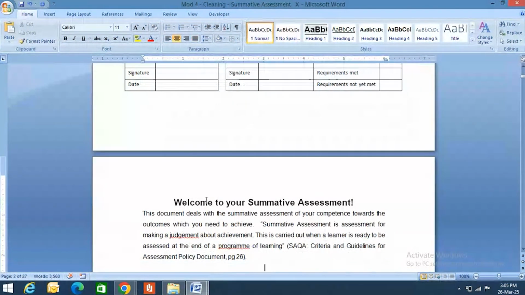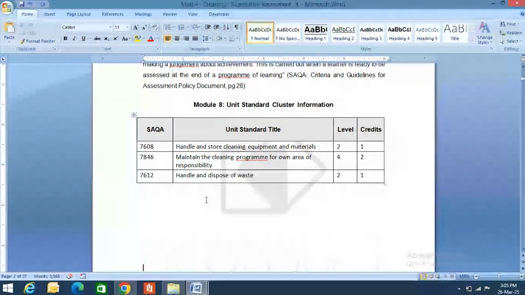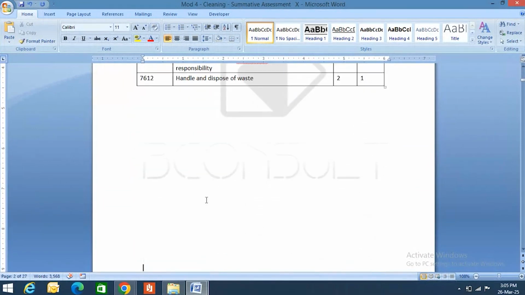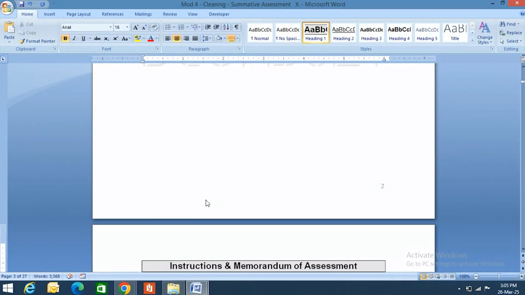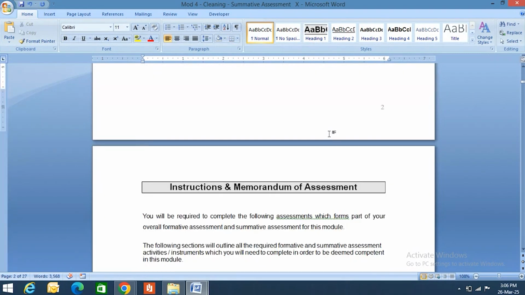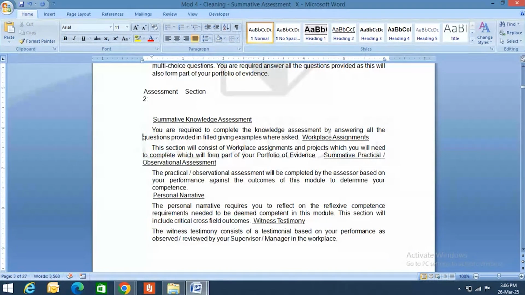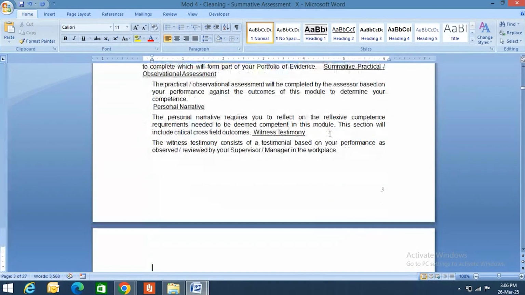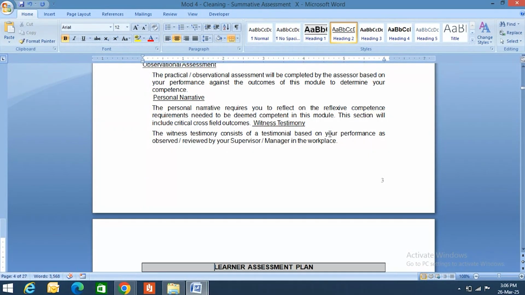Okay, next page, you're going to initial. It has the same information as our formative assessment. So initial this page at the bottom, page number 2. Initial the bottom of page number 3.